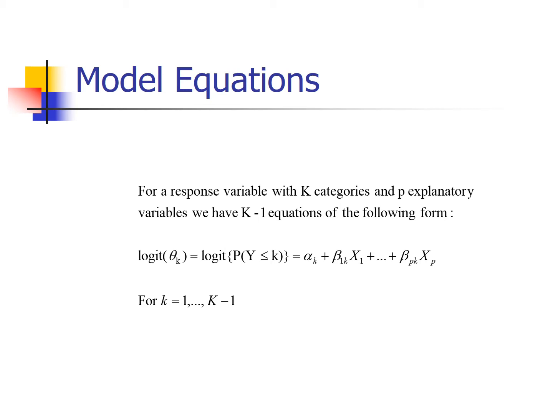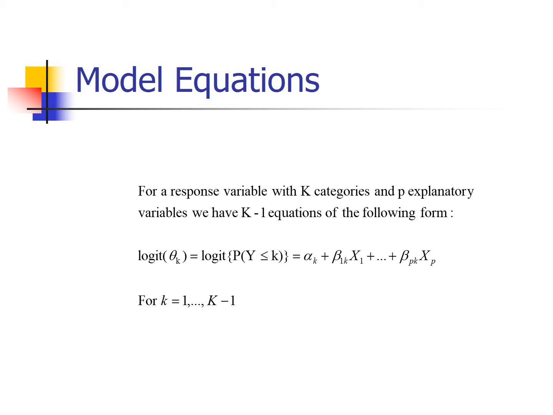So the logit of the cumulative probabilities up to outcome k is equal to some y-intercept. Here it's convention to use alphas rather than beta naughts. And then some slopes. So we have p variables, so there's p slopes.